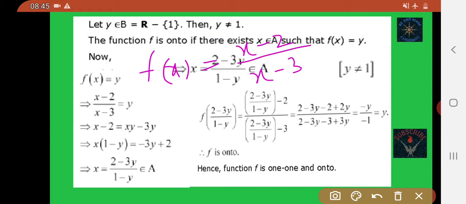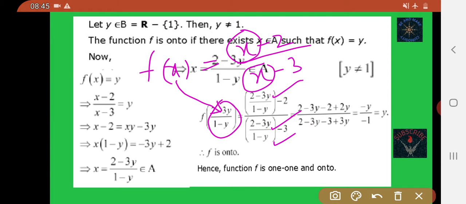So now you put the x value in this: in the x place you can write (2 minus 3y)/(1 minus y), and here you write (2 minus 3y)/(1 minus y).